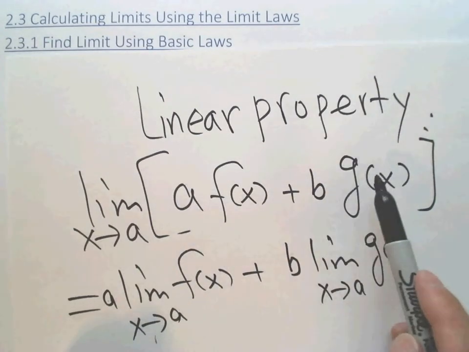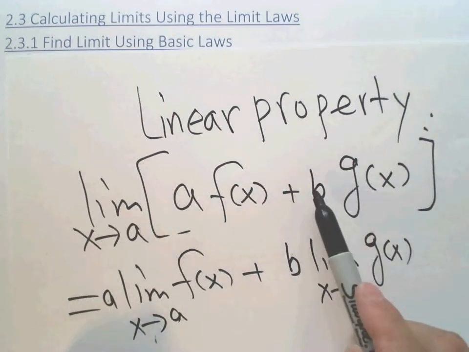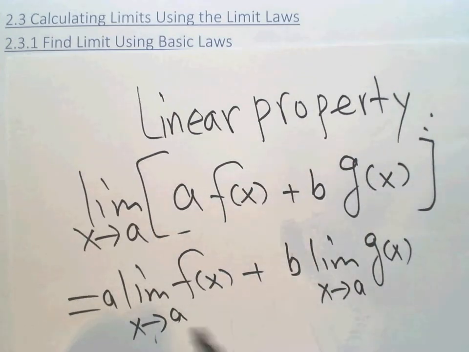The limit of the linear combination is the linear combination of the two limits. So the limits can go here and go there.